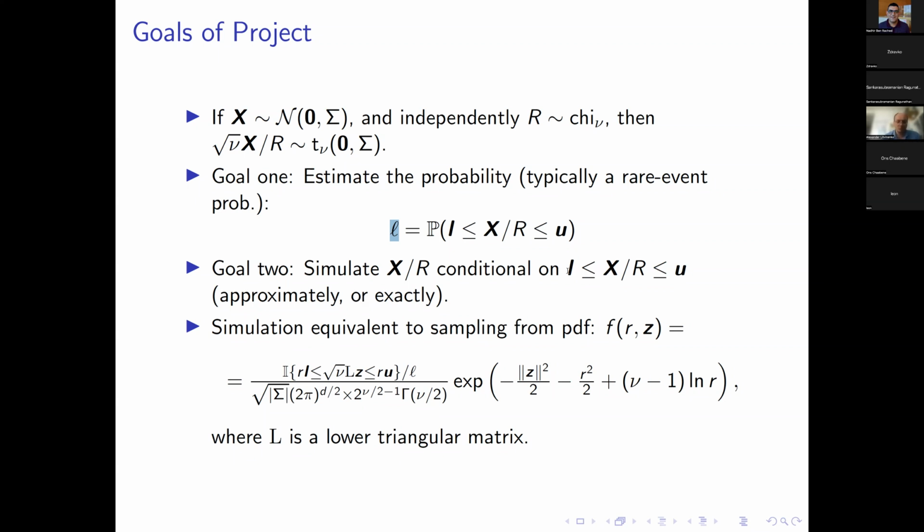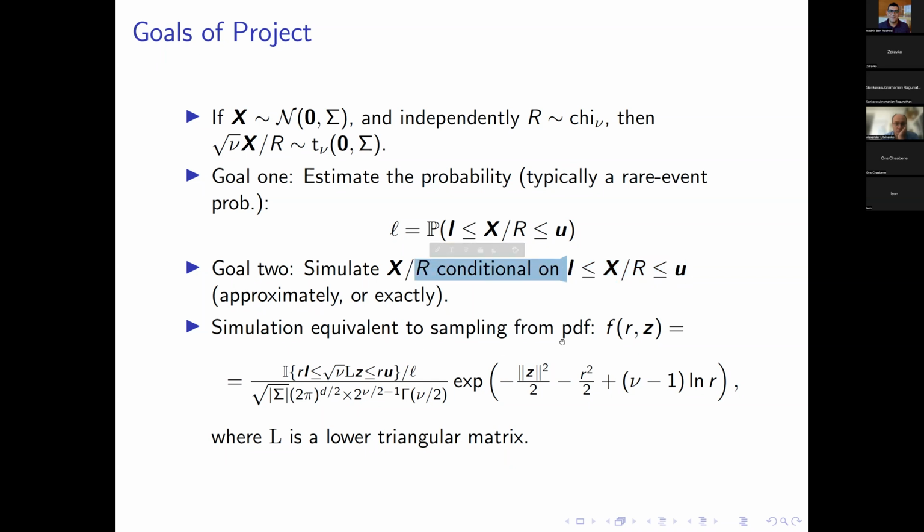And this is not an easy problem because naive rejection sampling, where we simulate X over R until it lies in the required set, is a rare event. It happens with a very small probability in high dimensions.